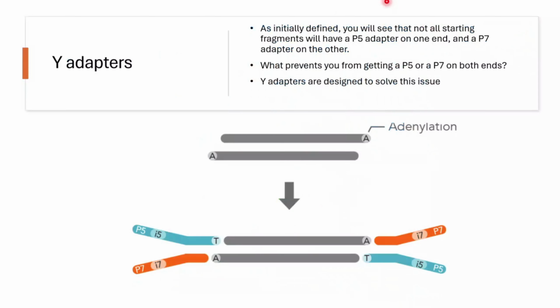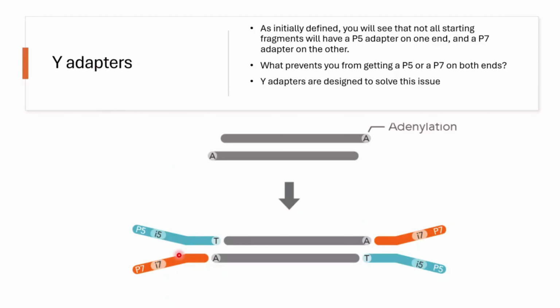One problem that happened with this method is the fact that you have these P5 and P7 linkers. Nothing prevents the reaction of the linker P5 being bound to both sides, or the P7 being bound to both sides. So we had to find a way to prevent this, because they're used for different things. And so the way you do this is that there was a Y adapter that was created.